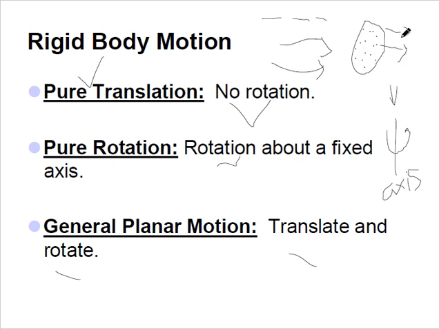Even though we define pure translation as the resultant force going straight, and we say the direction of that translation is just a straight line for that rigid body, you have to understand that the rigid body is made up of billions and billions of tiny particles, and if we take a point on that rigid body, that point also goes in a straight line.